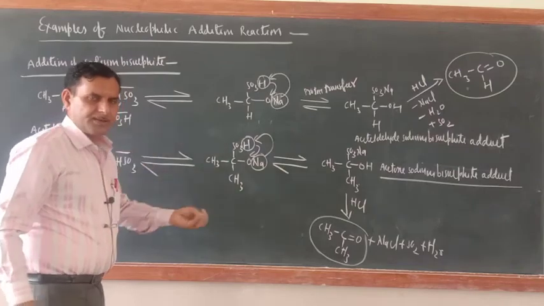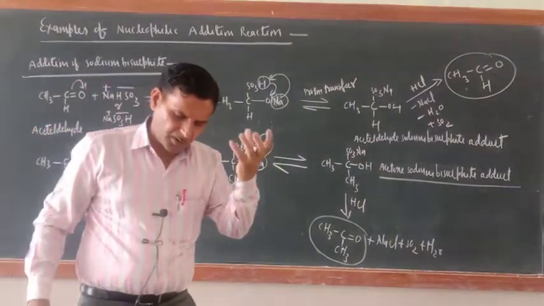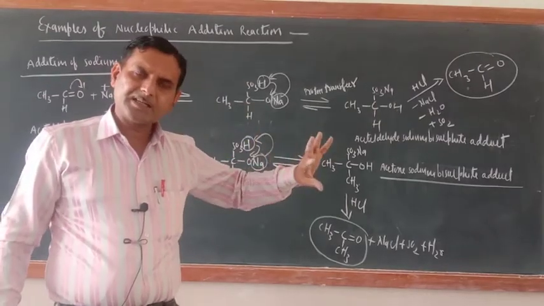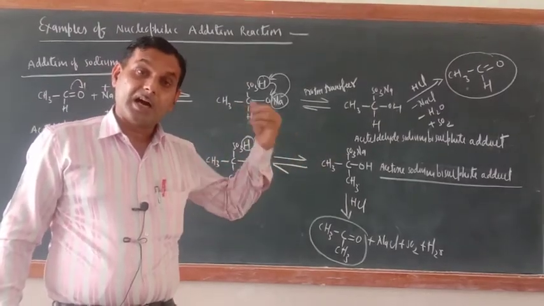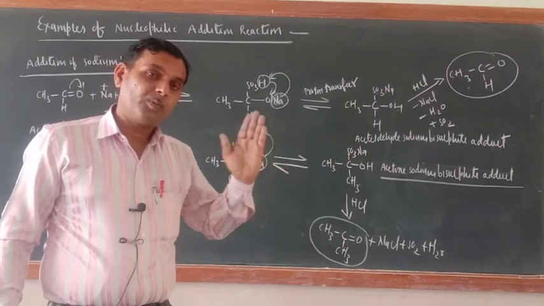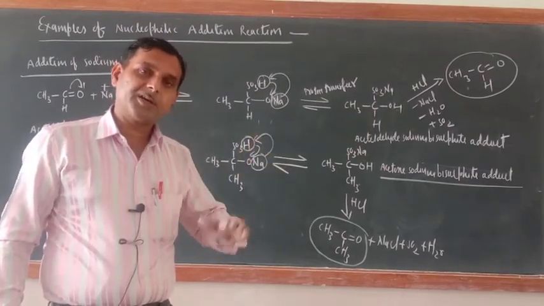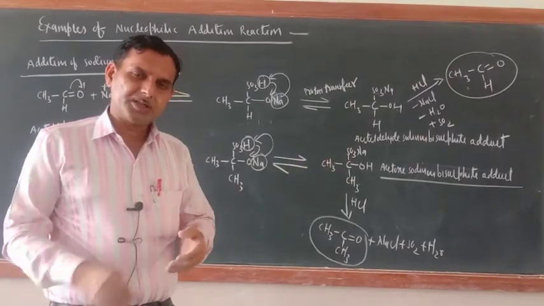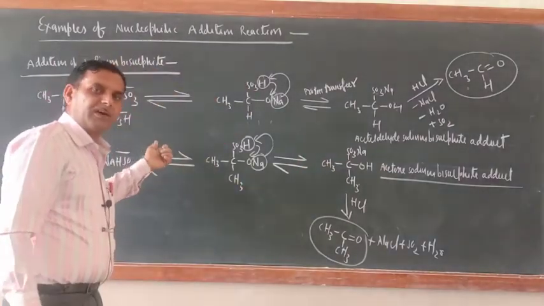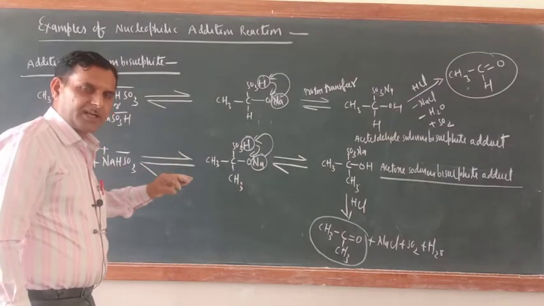Suppose you have got a mixture of organic compounds. Mixture of organic compounds means different kinds of organic compounds are there. Aldehydes and ketones are also there, but you want to separate the aldehydes and ketones from that mixture. So just see, you introduce sodium hydrogen sulfite or sodium bisulfite in that mixture.